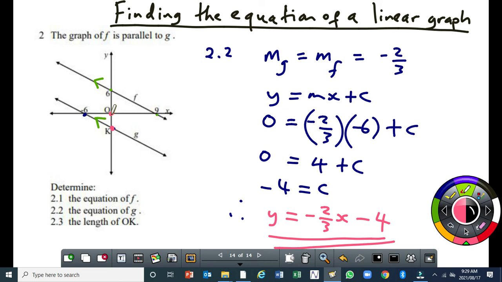Distance is 4 units, not negative 4, please. Distance is always positive. And in this class, going forward, I don't expect anybody to write distance as a negative value. Okay? So the length is 4 units. And I'm going to show you a formula to do it.